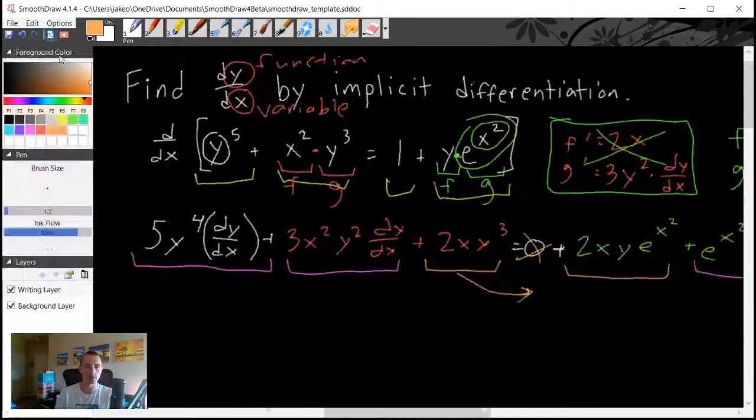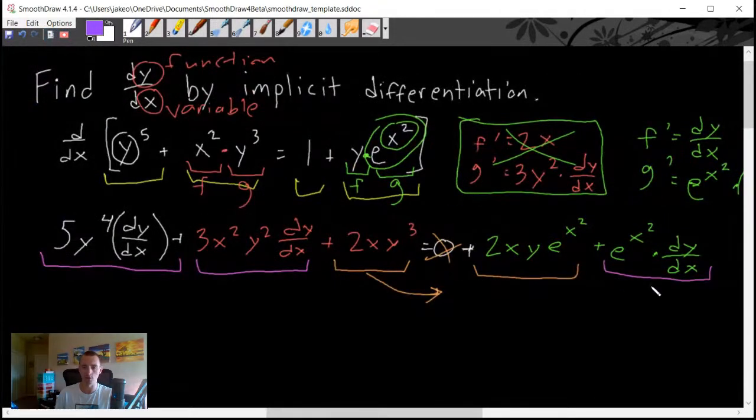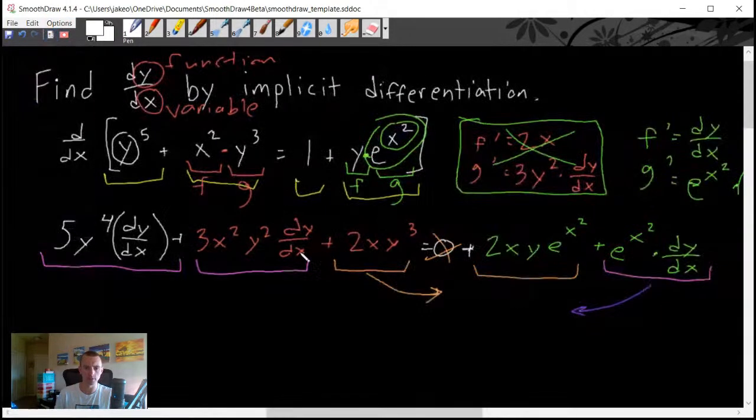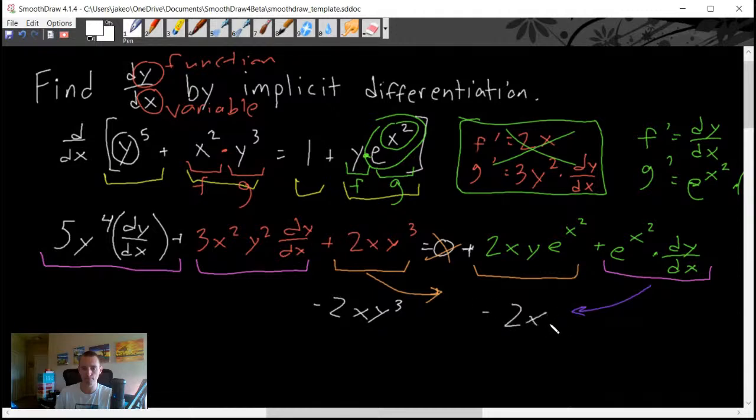And then we need to move this term over to the other side of the equation, to the left side. So first thing we will do is minus 2xy cubed from both sides. Okay, and then we will minus e to the x squared times dy dx from both sides.